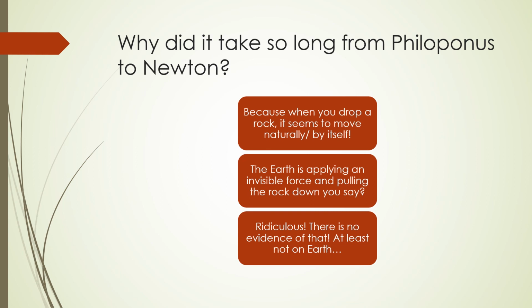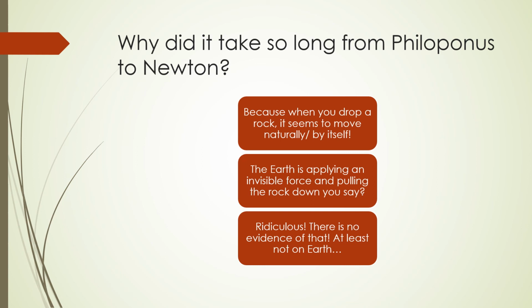I don't see anything pushing or pulling the rock when I drop it. It must move by itself, right? In fact, why does the moon orbit the Earth, go around the Earth every night? What causes this? It seems to be happening by itself. I don't see anyone pushing the moon or pulling it.